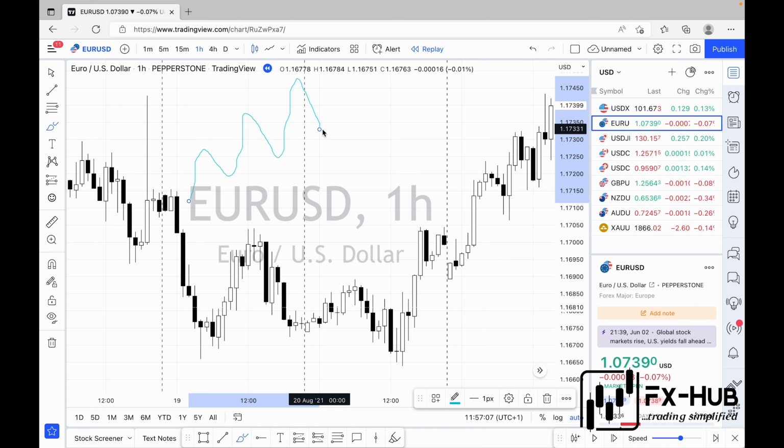If you understand market structure, honestly speaking, 60% of your challenge in technical analysis has been solved. Now, this is an uptrend. This is a bullish trend. This is a market that is going up. These are the higher highs and the higher lows.